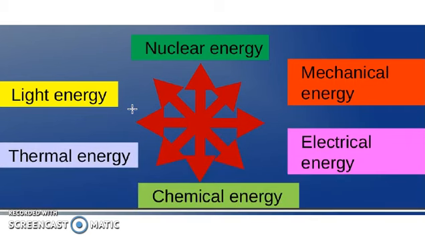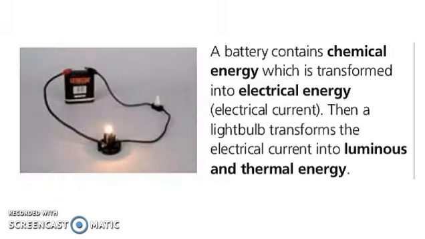So, as we have different types of energies, the only thing that we can do is just transform the different types of energy into another one. Okay, let's try to study different transformations of energy. For example, in this circuit, the battery contains chemical energy.